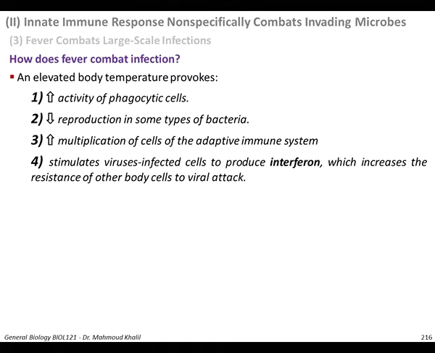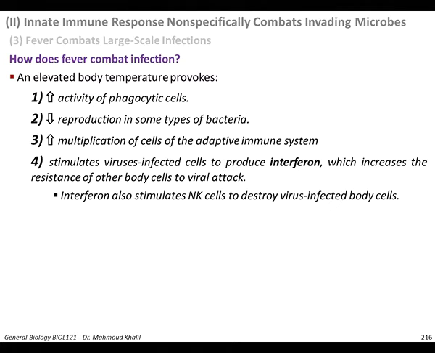So it's very important to limit the propagation of the virus all over our body. Interferon as well stimulates NK cells to destroy virus infected cells. You need to keep in mind that extremely high fever, if it's not well controlled or not managed in hospital, can cause brain damage.